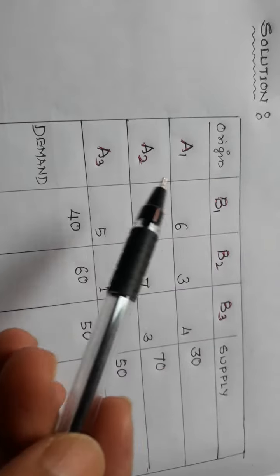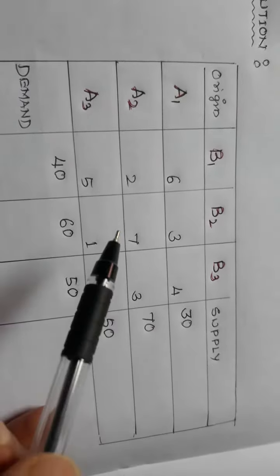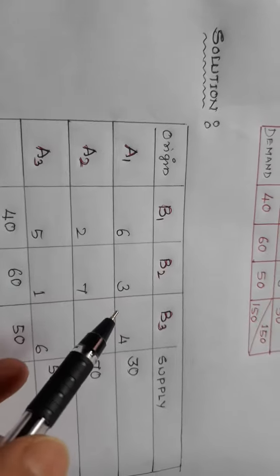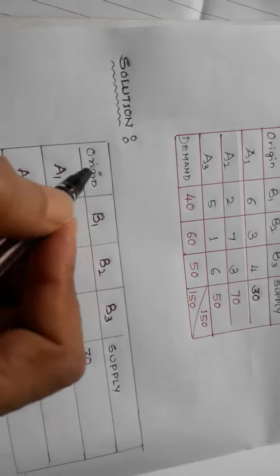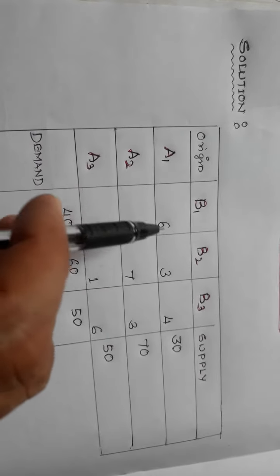Come to the solution. You should write down all the values the same: origin A1, A2, A3, B1, B2, B3, and the cell and matrix, supply and demand. Now they are asking to solve the transportation problem through NWCR, the Northwest Corner Rule. Northwest corner means you start from here, this angle.